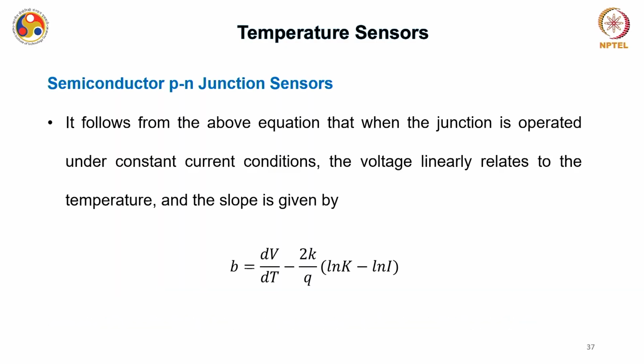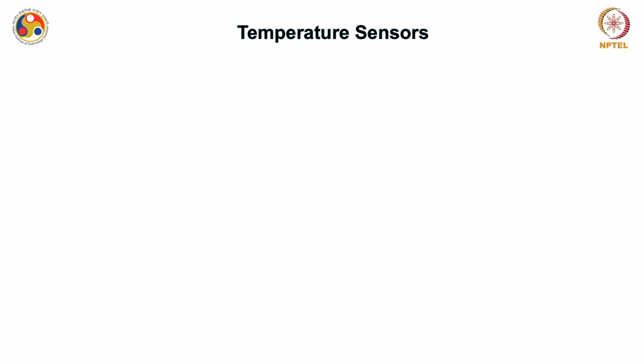It follows from this equation that when the junction is operated under constant current conditions, the voltage linearly relates to the temperature, and the slope can be given as B equal to dV by dT, which is equal to 2K by Q into ln K minus ln I. So, 2K by Q into ln K minus ln I is the slope.